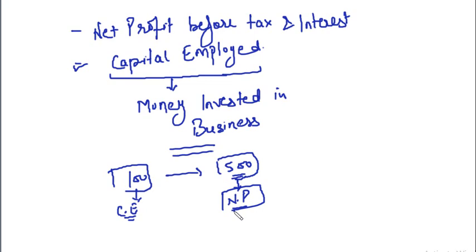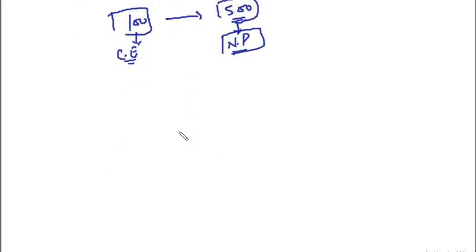So this ratio tells us the relationship between these two factors, that by investing how much money you are earning how much profit. Clear? So now if we talk in accounting terms, how to calculate this capital employed?